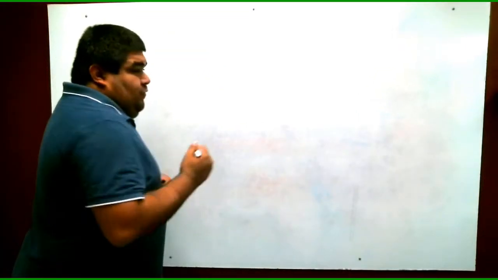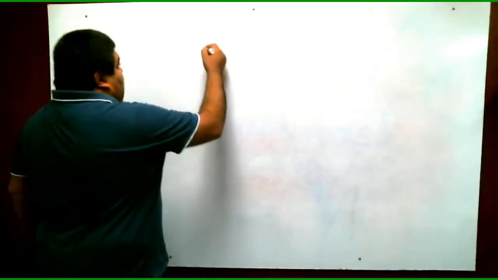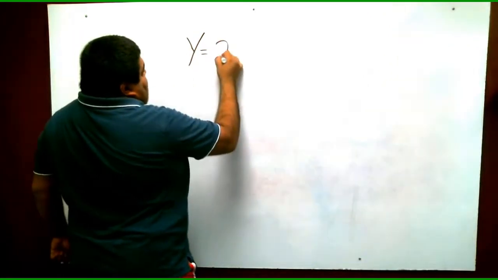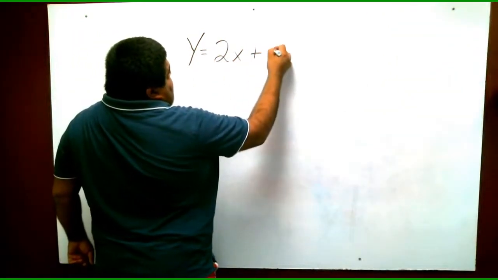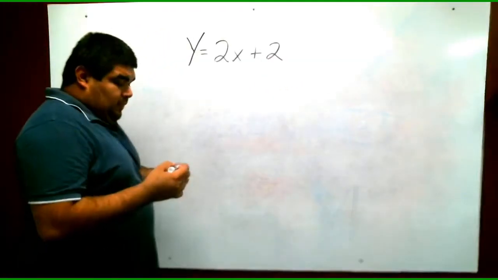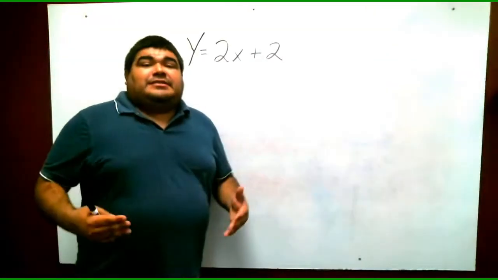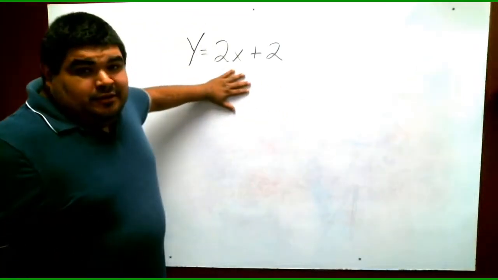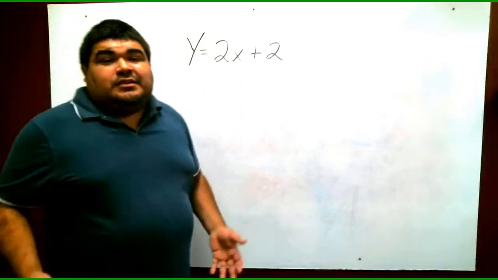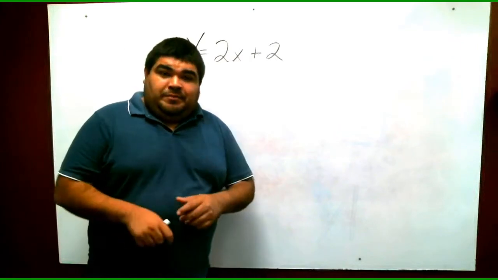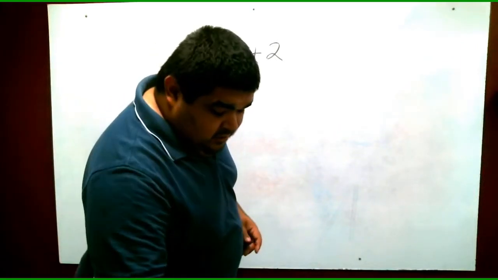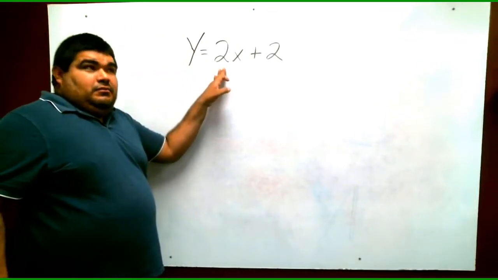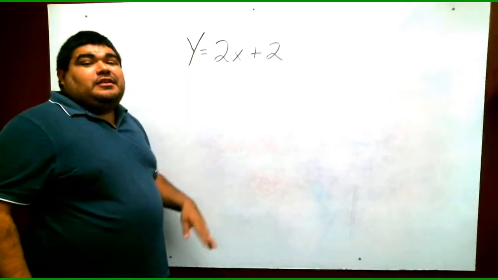Our equation for today is y equals 2x plus 2, okay? That means that that's the equation we're dealing with. Remember, a linear equation is also known as slope-intercept form. Usually, all we have to do is turn this into a fraction in order to graph it.